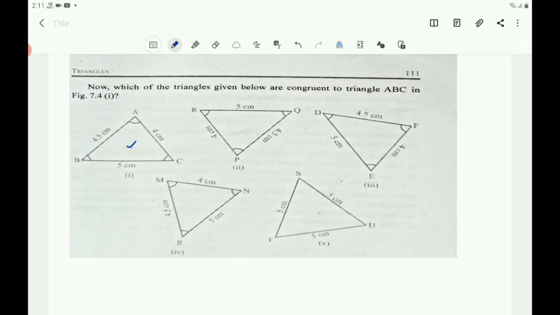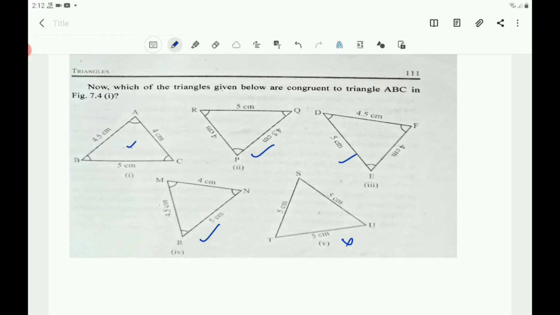Observe that triangles in the second, third and fourth figures are congruent to triangle ABC, and triangle TSU is not congruent to triangle ABC.